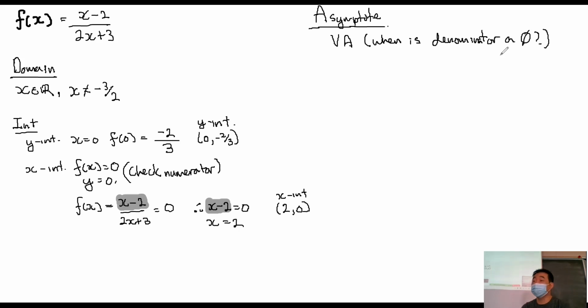Because when the denominator approaches a 0, that fraction will become super big. Like 1 divided by 0.0000000000001, a huge number. It's going to approach infinity. It's an asymptote. When is the denominator equal to 0? So in this case, it will be x equals -3/2 is where my vertical asymptote is.